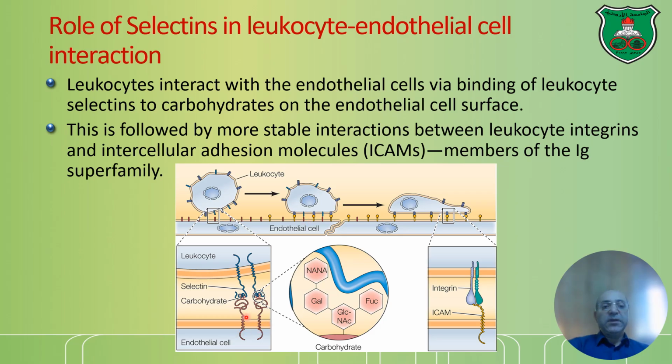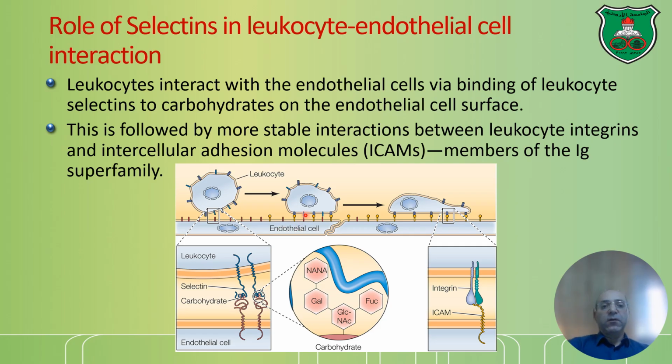So these are glycoproteins on the cell surface, and they are glycosylated. Now, the interaction happens between the selectins on the surface of leukocytes with the carbohydrates on the surface of endothelial cells, the carbohydrates associated with the transmembrane glycoproteins.